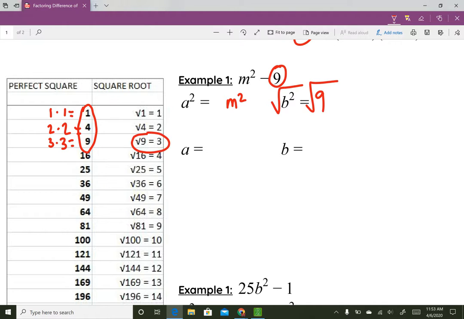The square root of 9 is just 3, right? So this b squared became b. Why did that happen? Because this is a square root, which means that this little thing inside, which is called the index, is a 2. The index of a square root is 2.